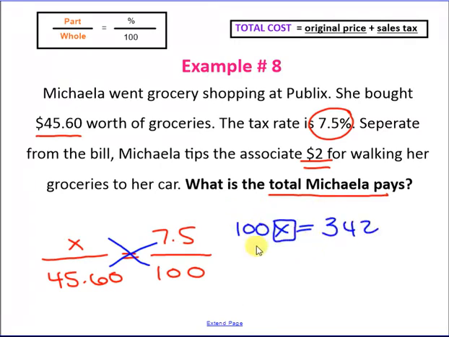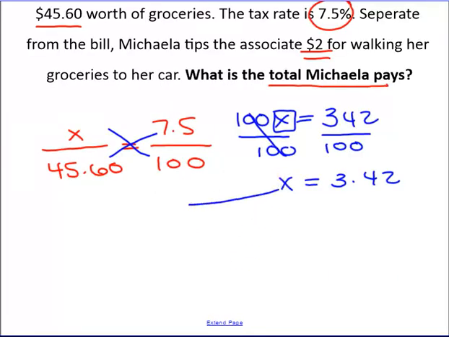Box the variable, divide both sides by 100. This cancels. X equals 3.42. Now, I'm going to add that back on to the original cost because we're looking for the total. If I was just asking for the tax, $3.42 would be the tax.